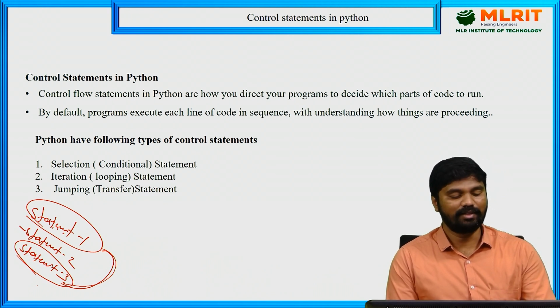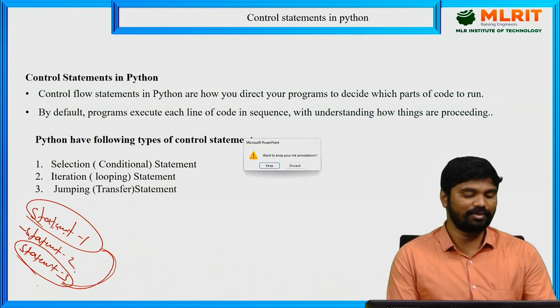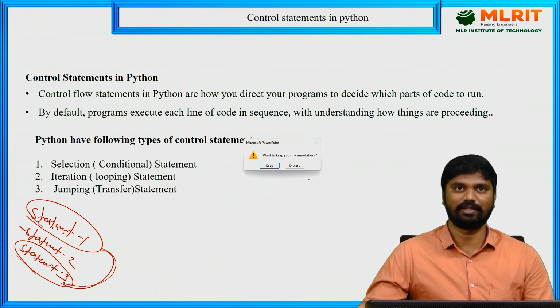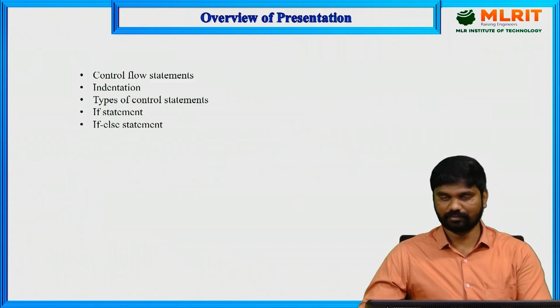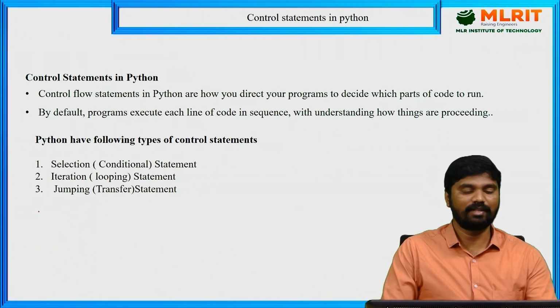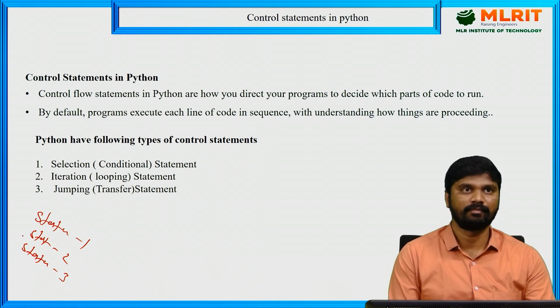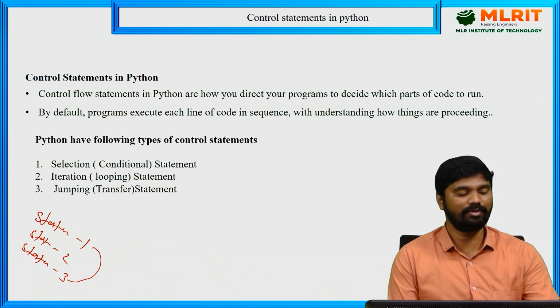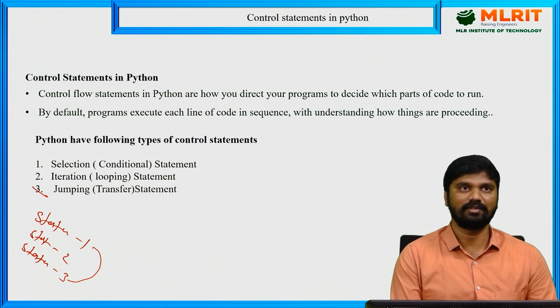The flow jumps directly from statement 1 to statement 3. Statement 1, statement 2, and then statement 3. So it jumps directly from statement 1 to statement 3. How can we do that? By using a transfer statement, or we can say a jump statement.